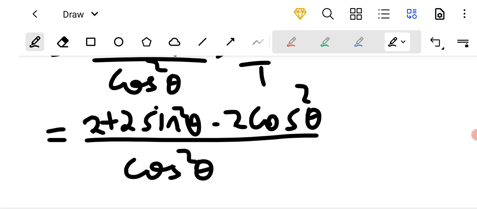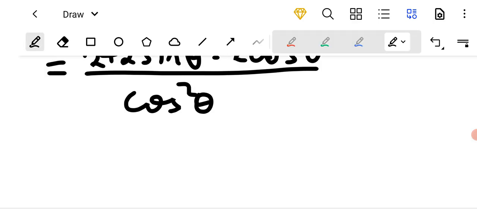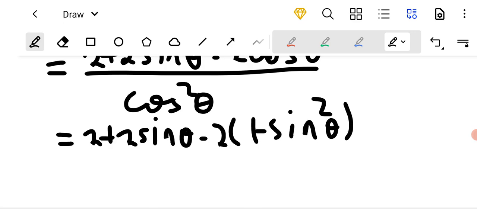And from what we can remember, from our answer we had tan theta squared. So this cos theta squared has to become something having sine theta squared. So this is going to simply become 2 plus 2 sine theta squared minus 2 (1 minus sine theta squared), because that's cos theta squared.